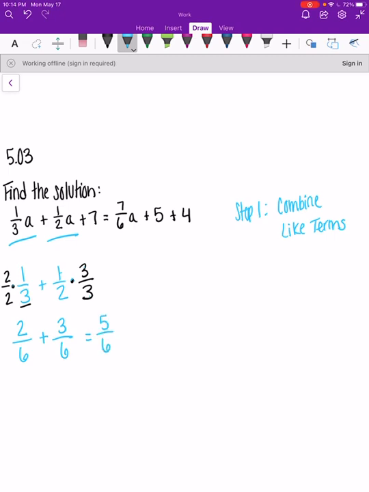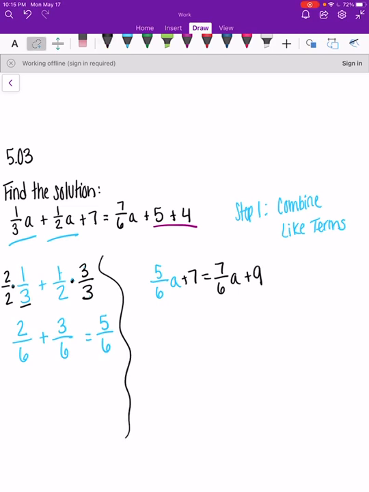And so combining those two from up here, we get 5/6 a. I'll write that over here, 5 over 6a plus 7, there's nothing to combine with 7, equals, on the right side we have 7 over 6a. There's nothing to combine that with, but we can combine 5 plus 4, and that equals 9.